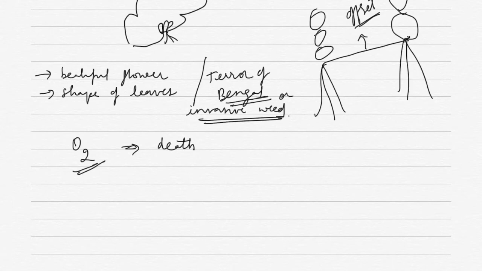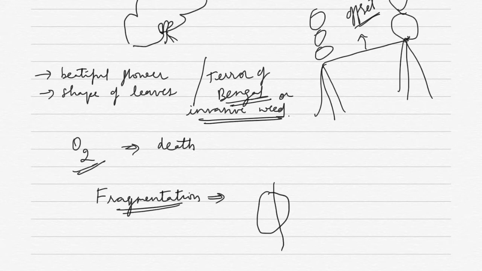Fine. We have something called fragmentation. So this fragmentation basically refers to a part of an organism breaking off or getting fragmented, and then each fragment growing into a new organism. So this is basically asexual reproduction only.